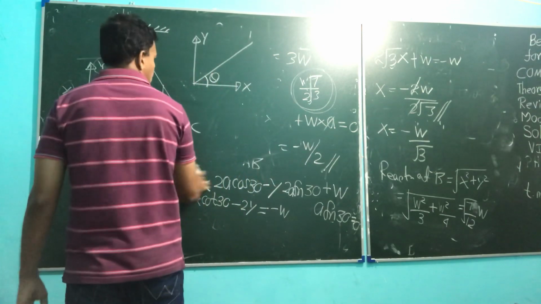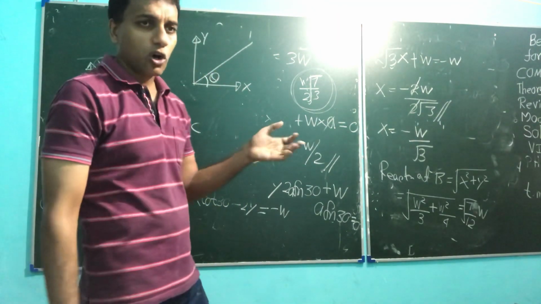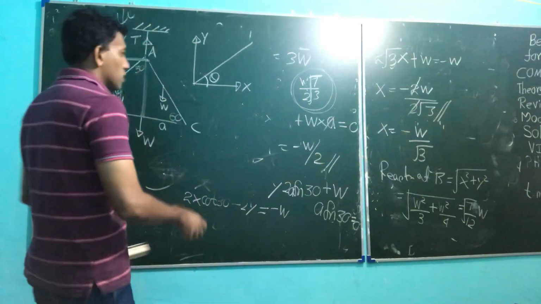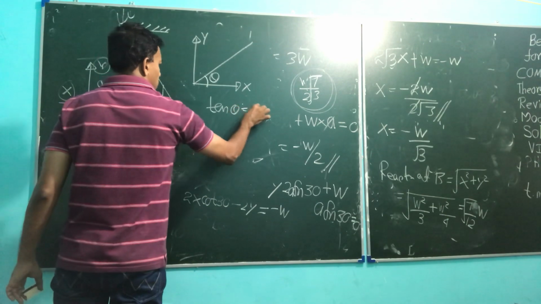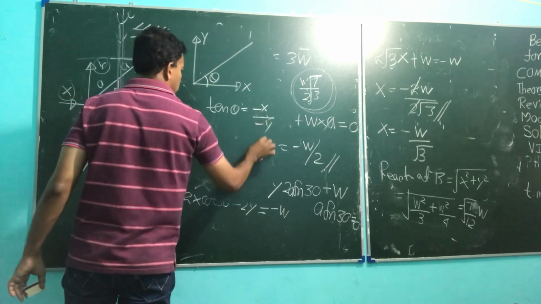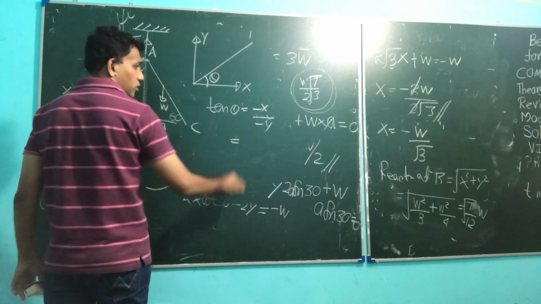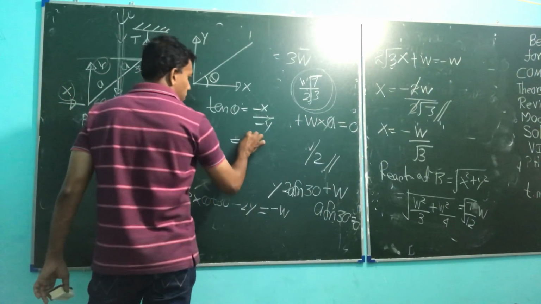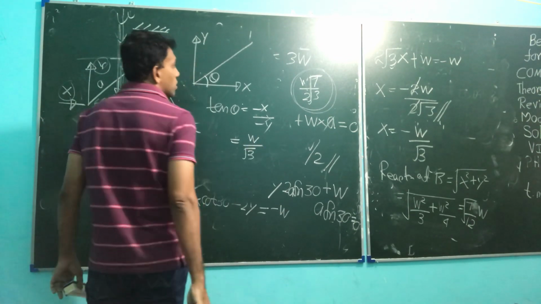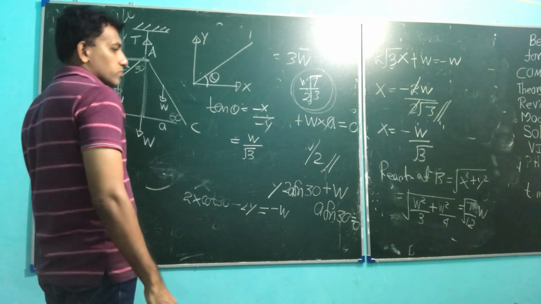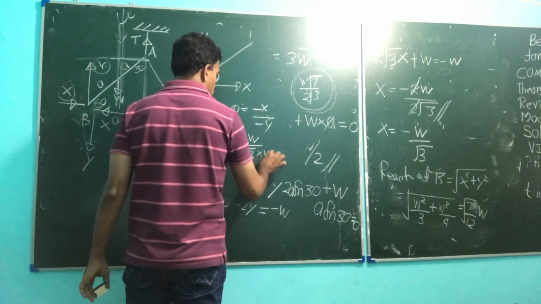Okay, what is tan theta? Opposite y, over x. See, both are negative, so no problem, minus by minus. So tan theta equals minus y over minus x. Minus cancels here. So write your x value, w over root 3, and your y value, w by 2.